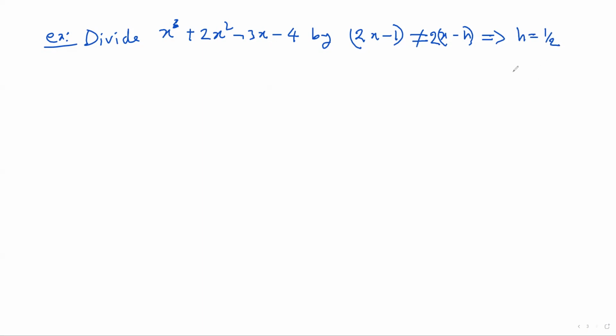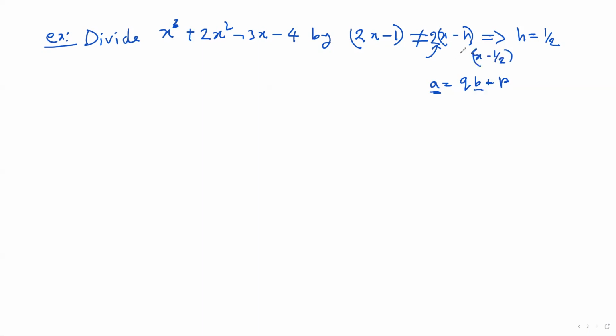Now, basically, if we have a equals qb plus r when we are trying to divide an expression a by another expression b, and the factor here is 2, right? So instead, let's see what happens if we just try to divide by x minus half.